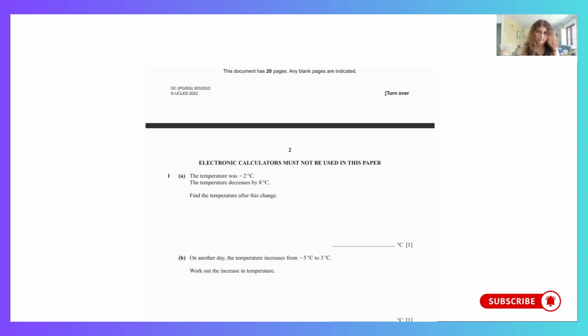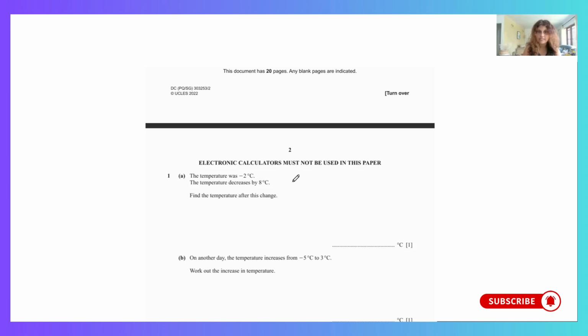If I read you the question, the temperature was minus 2 degrees Celsius. The temperature decreases by 8 degrees Celsius. Find the temperature after this change. They have given you the temperature before as minus 2, and there's a decrease of 8 degrees Celsius, which means the temperature dropped by 8 degrees.